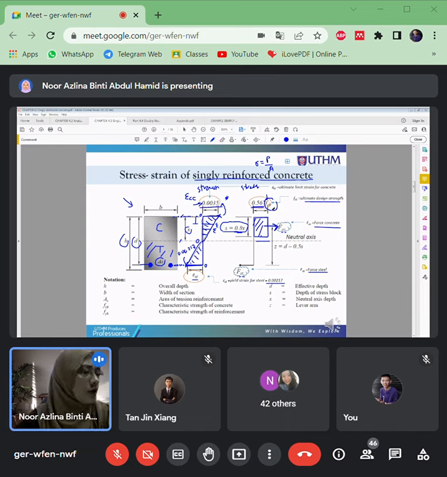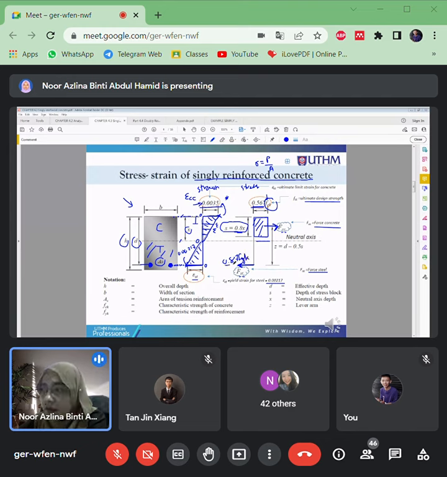for the steel, this one for the lever arm for the steel, the force for the steel, which is 0.87 FYK.